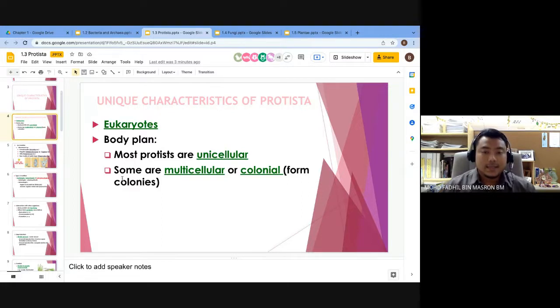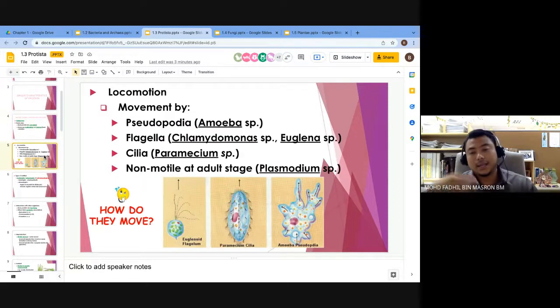Dia hanya cakap kat sini, some are multicellular or colonial form, ataupun dia form colonies. So ini hanya some pengecualian, di mana karakteristik mostly dia fit Protista. Kalau korang hanya fit dua karakteristik saja, tak layak korang nak masuk dekat sini, because you fit most of the other characteristics dekat kingdom lain. Of course lah, kingdom Animalia.